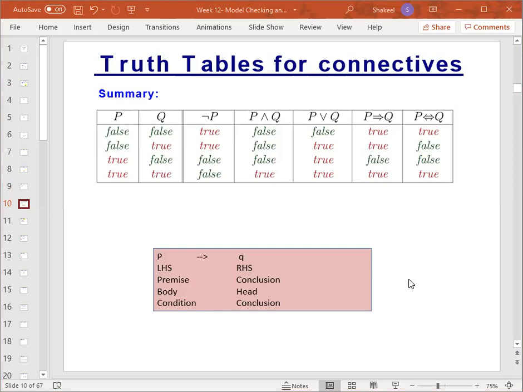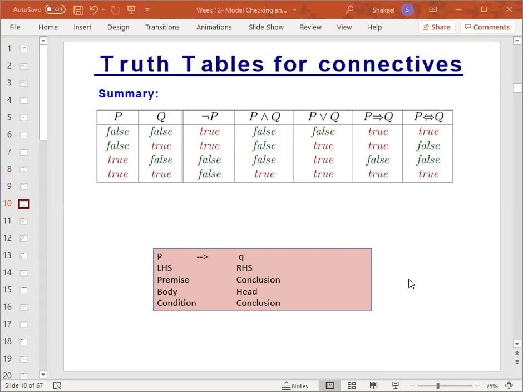Let's discuss this table and summarize all these inference rules. This table now summarizes the different connectives. We have P and Q atomic propositions on the left hand side, separated by double lines, with a set of compound propositions.